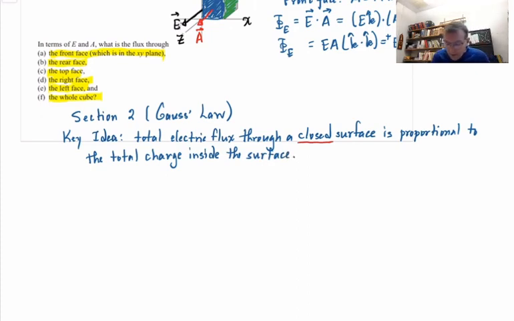Okay? The total electric flux through a closed surface is proportional to the total charge inside the surface. So, phi electric is proportional to, we're going to denote the total charge inside the closed surface, Q_enc. ENC stands for the word enclosed.